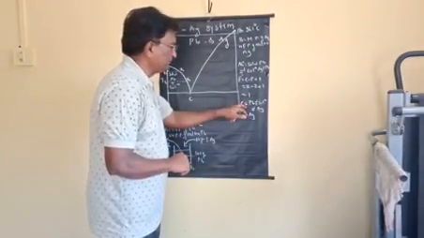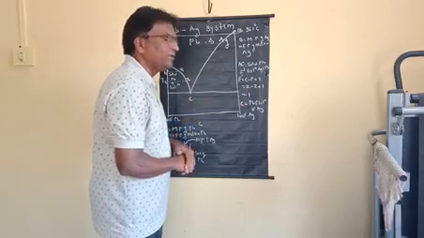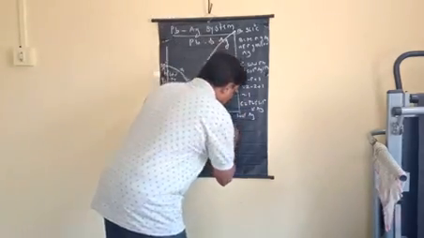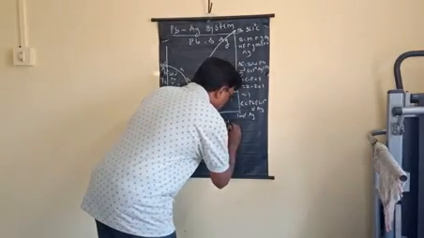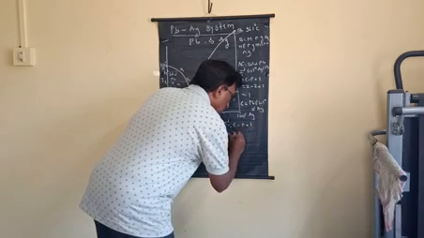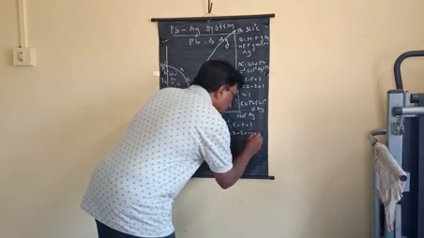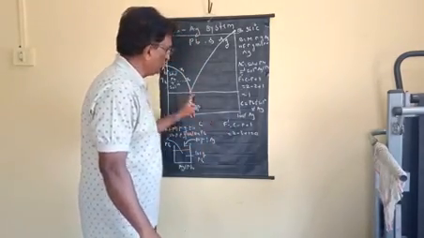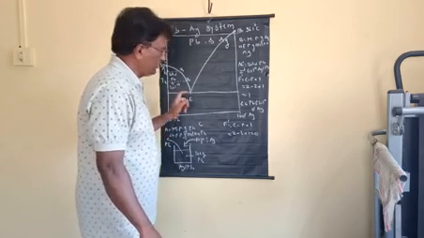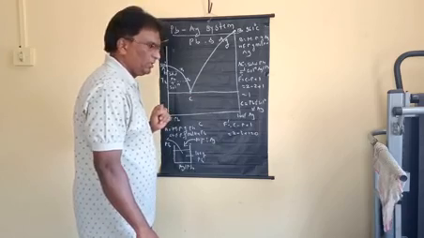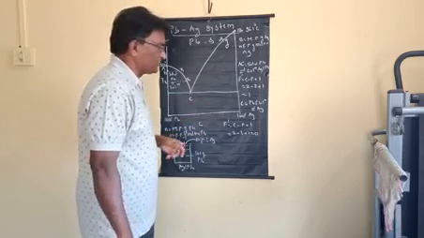This is the triple point because three phases are in equilibrium, and here by using the reduced phase rule we get 2 minus 3 plus 1, that is equal to 0. The system is non-variant at this particular point. This is also called the eutectic point. We will discuss this afterwards.